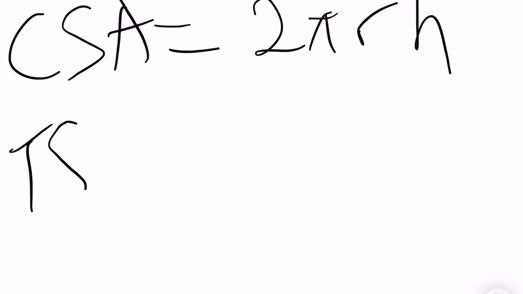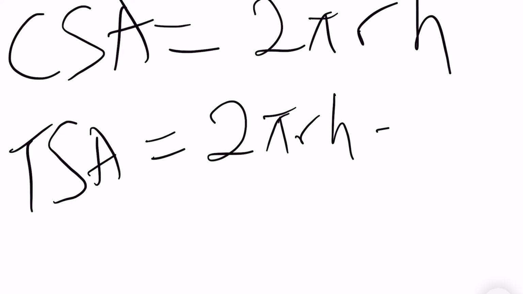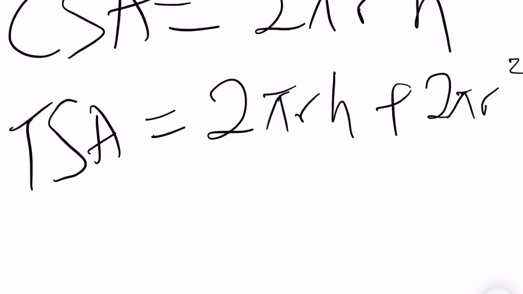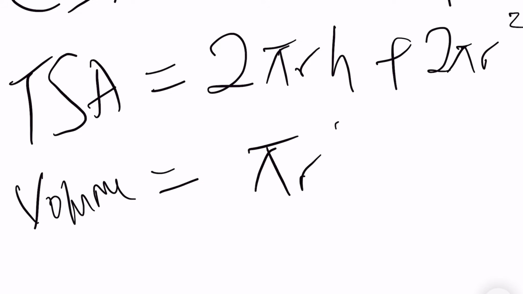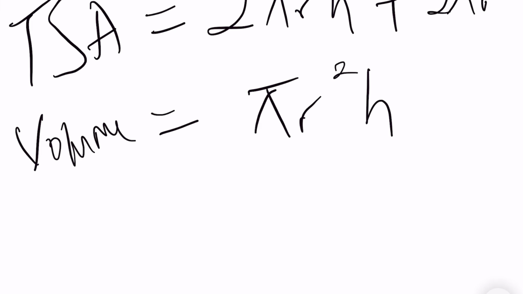Then for the total surface area, we have 2 pi RH plus 2 pi R squared. Then for the volume, we have pi R squared H. This is for a cylinder.